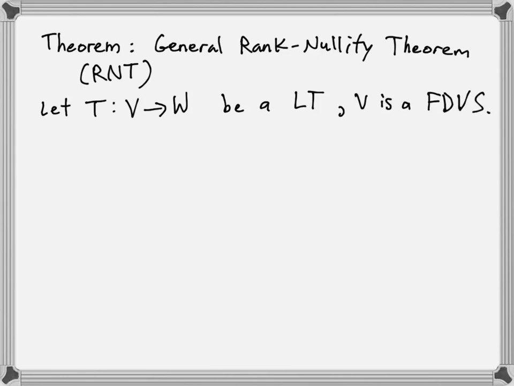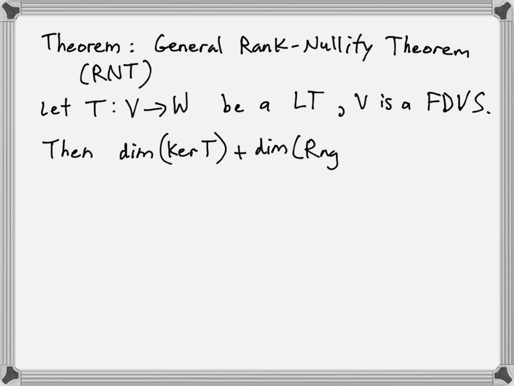This is important. We have to assume that V does have a finite dimension. Then, and this is the cool part, the dimension of the kernel of T plus the dimension of the range of T is equal to the dimension of V.